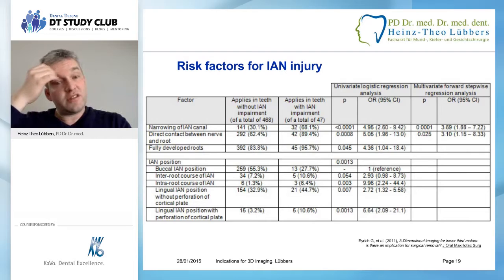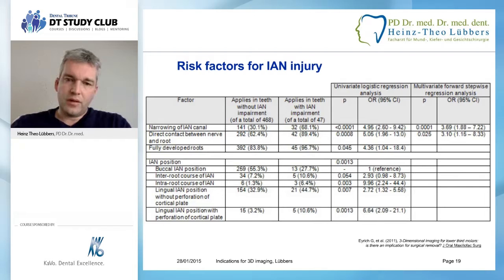If you look into it, what's the risk factor? What's a critical situation for a nerve injury after wisdom tooth removal? You can see that there are actually only two independent factors on this right side here.